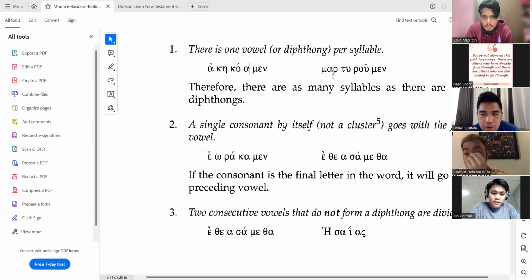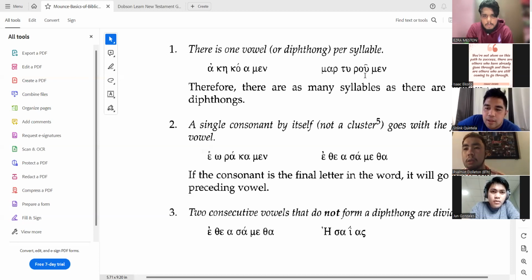Mar. And then this is easy. Martu. You remember the word martyr, the English word martyr? Martu. So this is a circumflex. Okay?